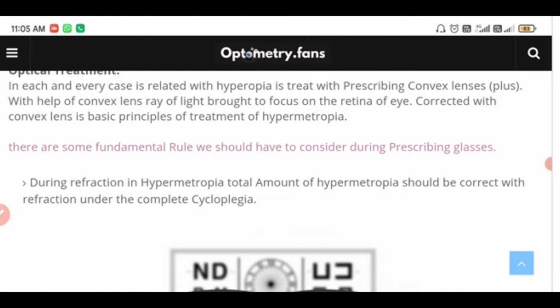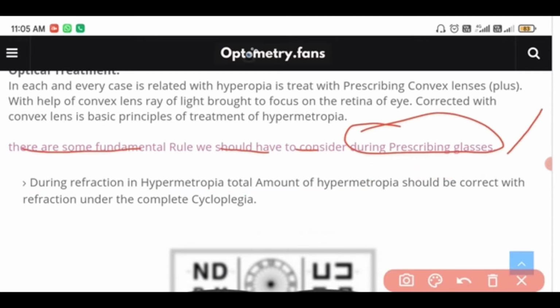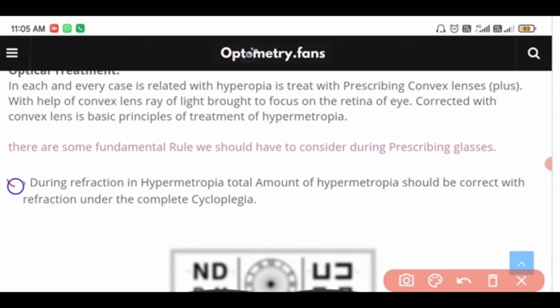Okay, so there are some fundamental rules we should consider when prescribing glasses. First, during refraction in hypermetropia, the total amount of hypermetropia should be corrected under complete cycloplegia, meaning cycloplegic drugs are instilled in the eyes, and in a cycloplegic condition we do the refraction to find the total amount of hypermetropia.